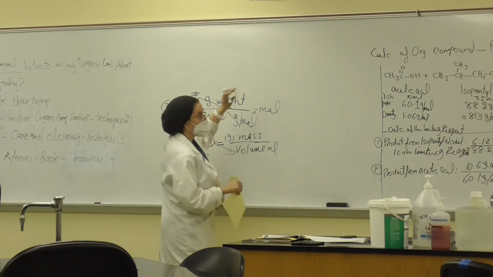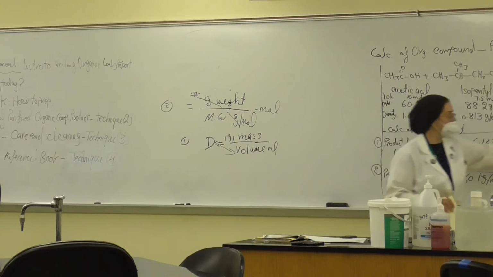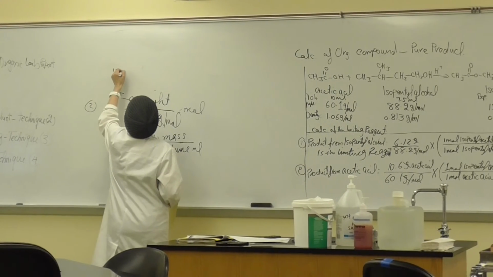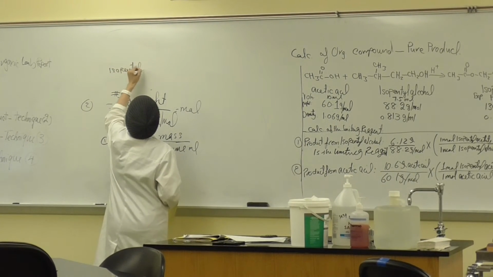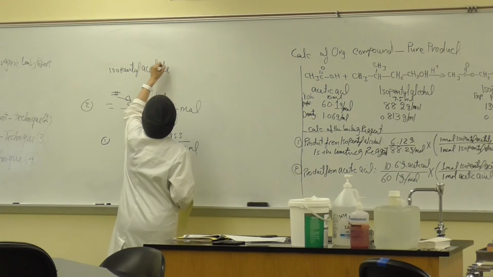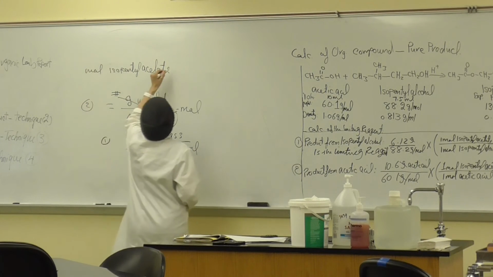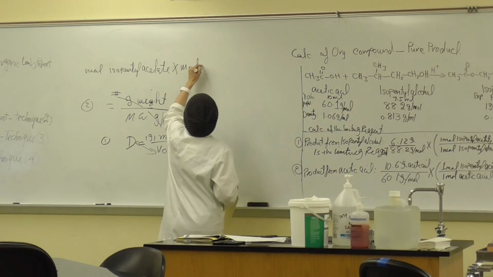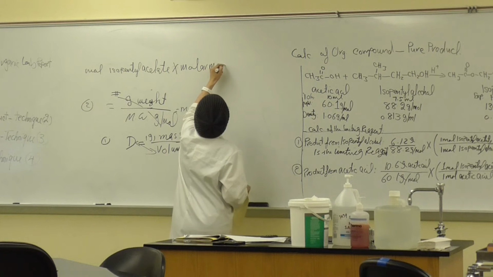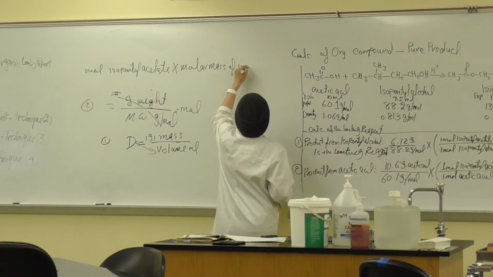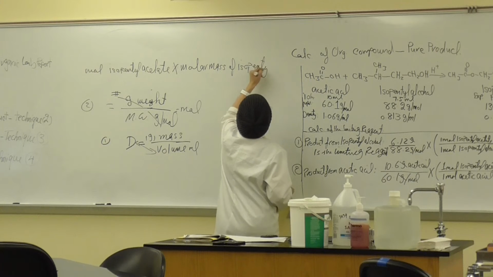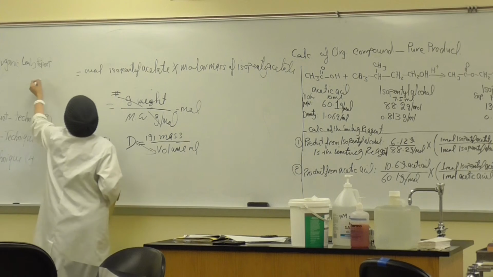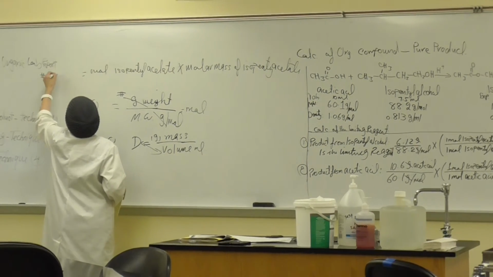So what we have, this is the mole of the product, the isopentyl acetate, which, in other words, you multiply by the molar mass of isopentyl acetate to give you the number of gram of the product.